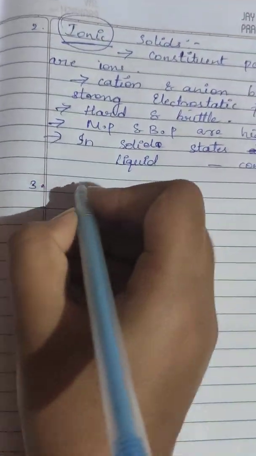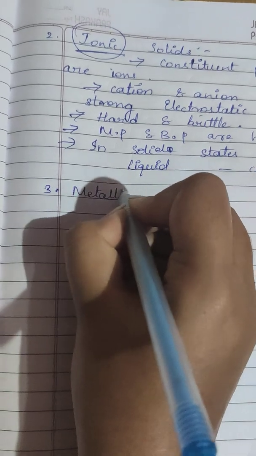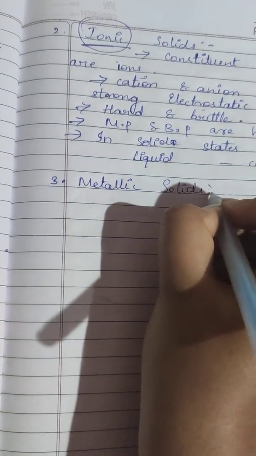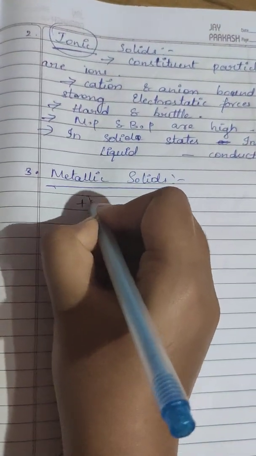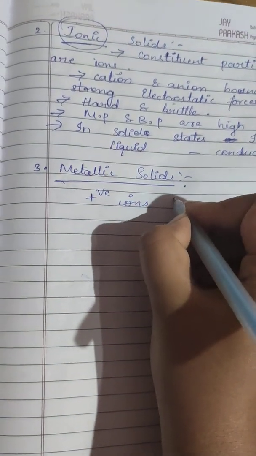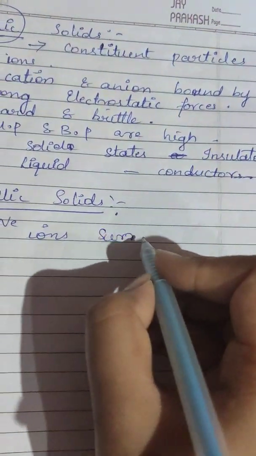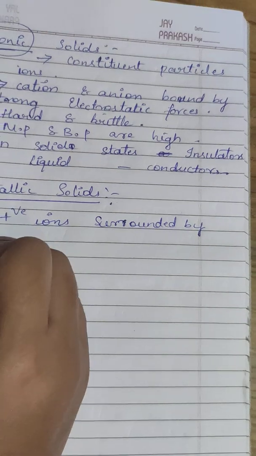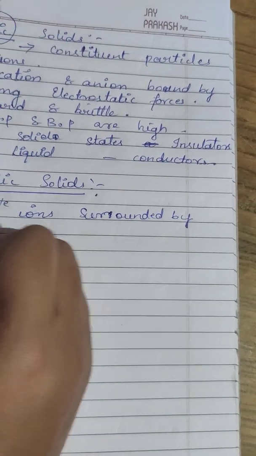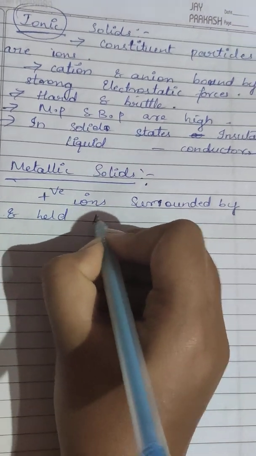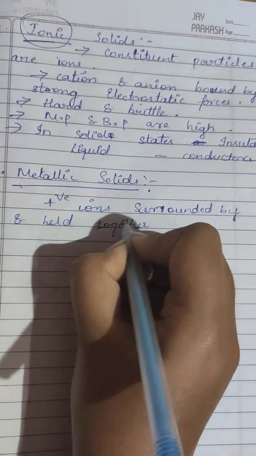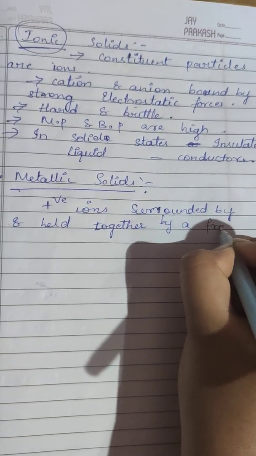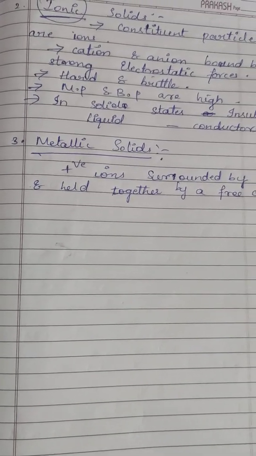And coming to the metallic solids, here the constituent particles are positive ions surrounded by and held together by free electrons. These electrons are evenly spread throughout the crystal.